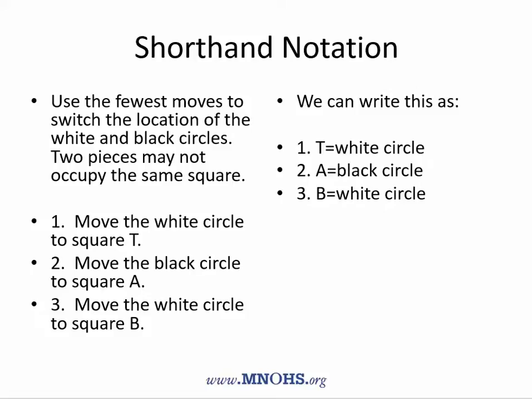So in step one, we move the white circle to square T. We're going to write this as T equals the white circle. In step two, I moved the black circle to square A. I can write this as A equals black circle. And finally, in step 3, I moved the white circle to square B. This is written as B equals white circle.